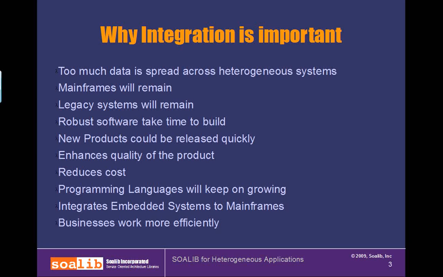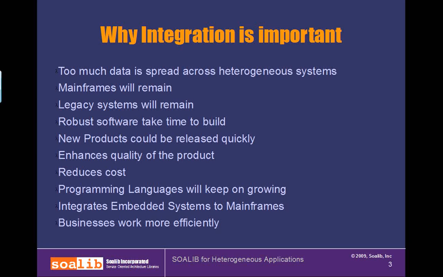Robust software takes a lot of time. New products could be released quickly if there is a heterogeneous system of communication. And a heterogeneous system of communication enhances the quality of the product. It also definitely reduces cost because of code reuse. And programming languages will keep on growing.